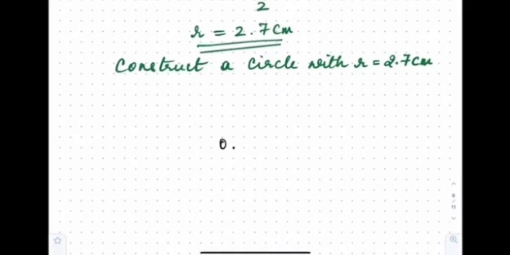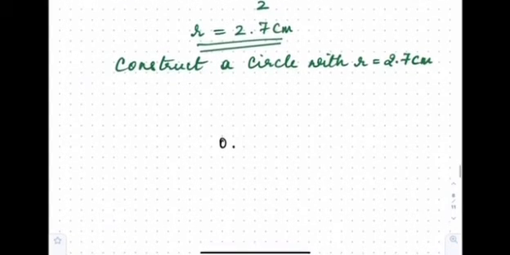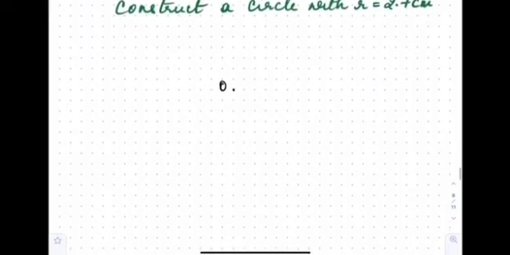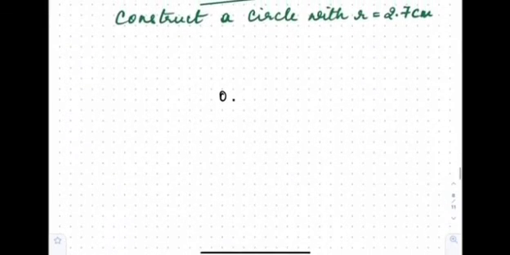Then we will have the measurement 2.7 on the measuring scale. Okay, this is R equal to 2.7 centimeters, and we can name it whatever you want.